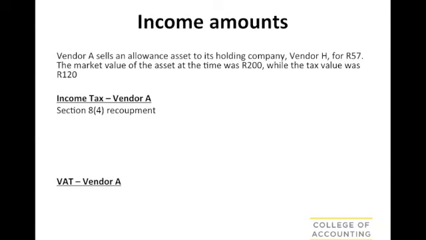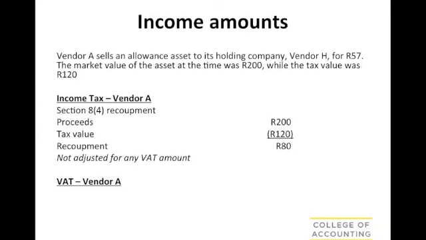That recoupment will be calculated with proceeds equal to market value. And there's no adjustment to that market value. It just is the full market value, minus the tax value of 120 Rand, equals a recoupment of 80 Rand. There is no adjustment for any VAT in that transaction. There are also potentially capital gains tax consequences for this disposal, but I haven't included them in this example.